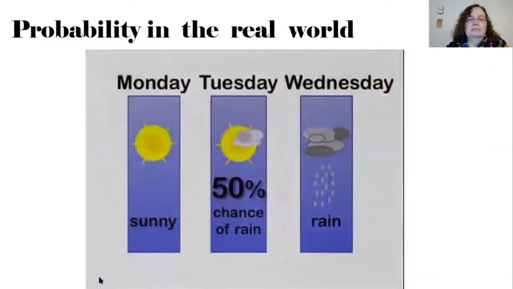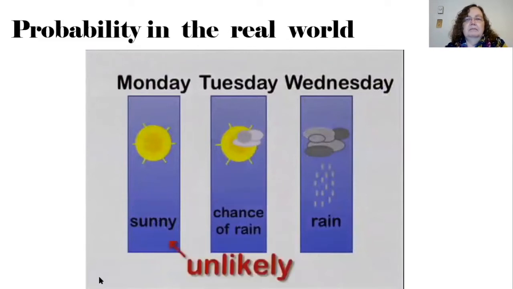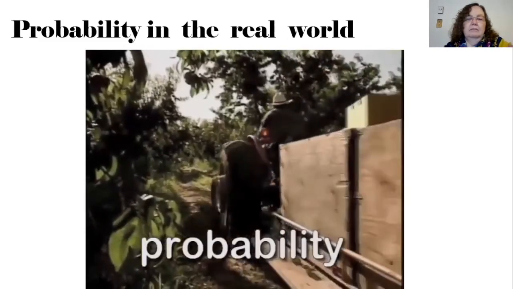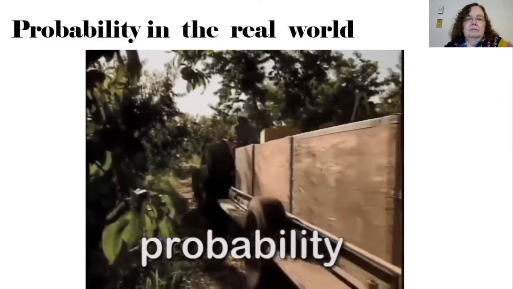This forecast is an expression of probability and tells the farmers they must work quickly because the probability of rain increases from unlikely on Monday to very likely on Wednesday. Probability is a measure of the likelihood or certainty of an event.